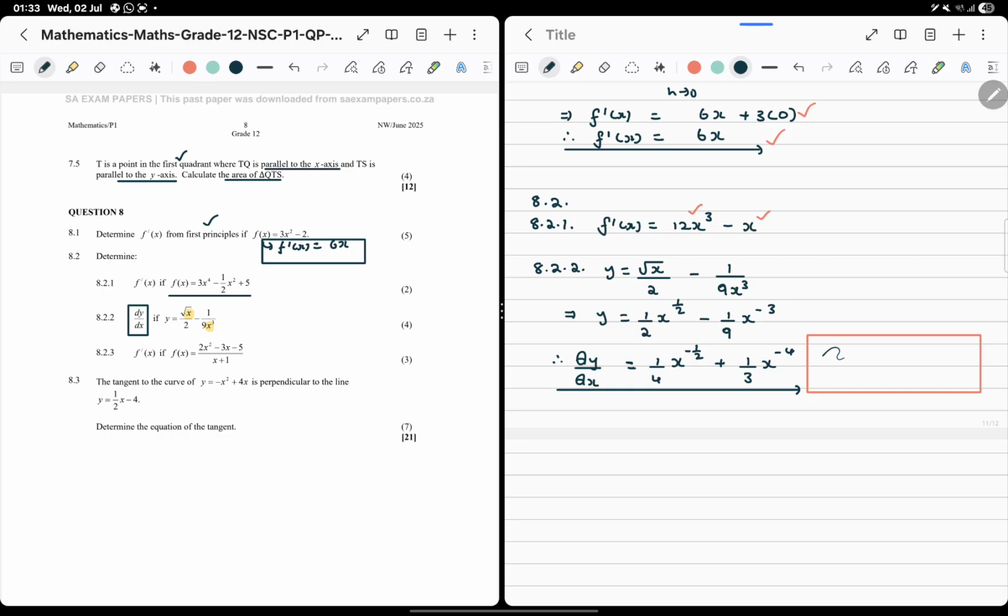So this could be written as dy over dx is 1 over 4 root x, right, plus 1 over 3 to the exponent 4. So that answer can be presented like that. That's it, okay, but there's nothing wrong with leaving it here.